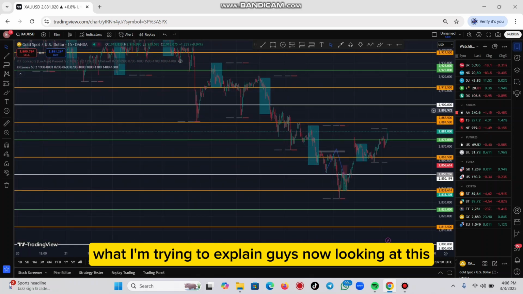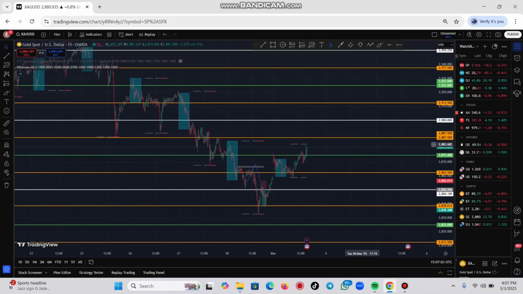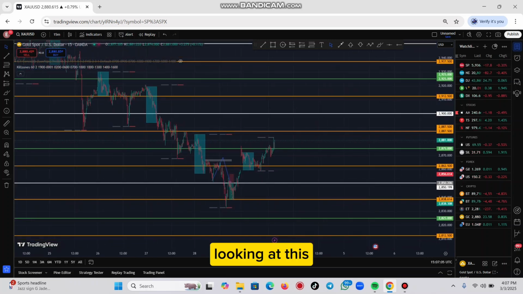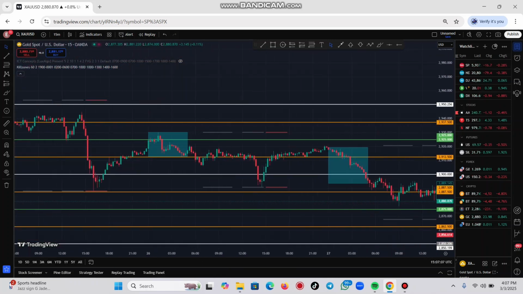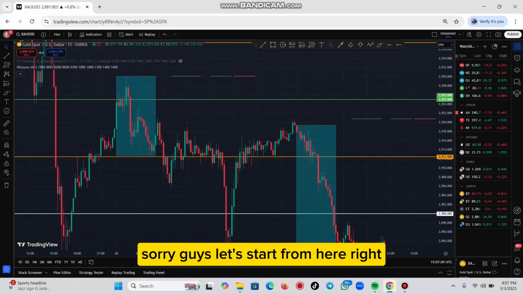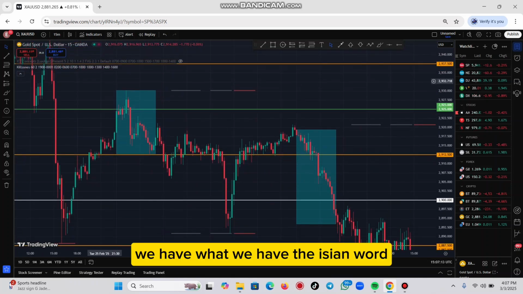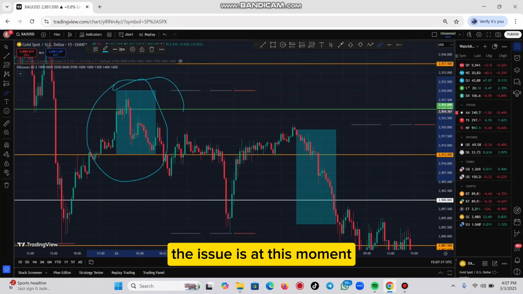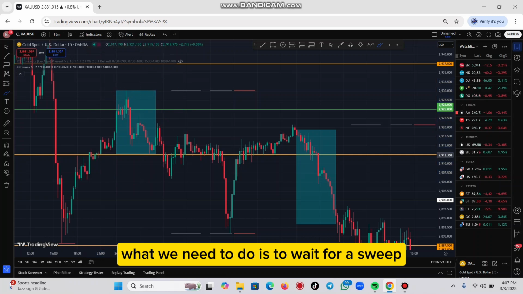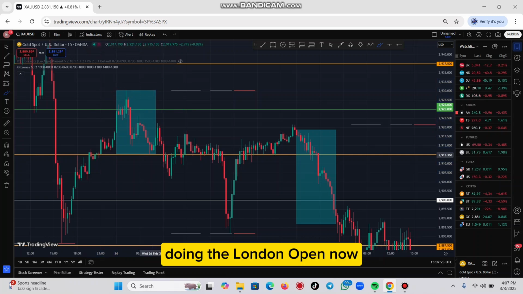Sorry guys, let's start from here. Looking at this, basically we have the Asian range at this point. Now what we need to do is wait for a sweep during the London Open.